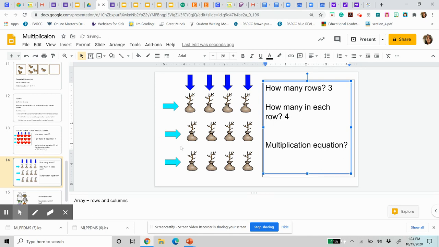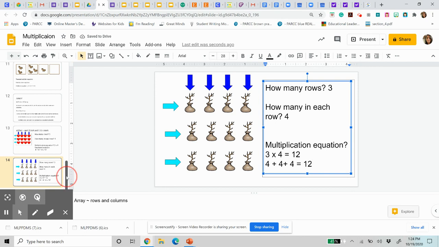Same kind of problem as we just did. So our multiplication equation would be 3 times 4 equals 12. Or we could have said 4 plus 4 plus 4, and that also equals 12.